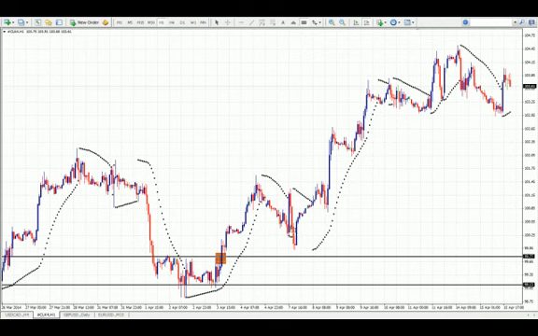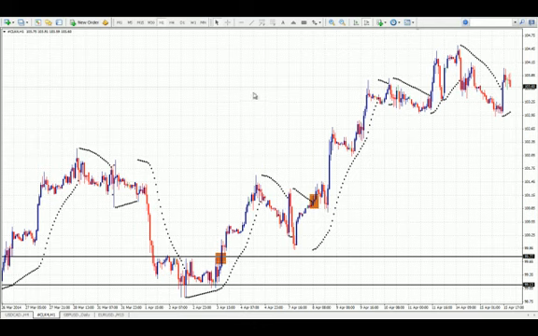So this might have been a spike on news and a retracement of the same news, and yeah, we might have had a bad signal here.